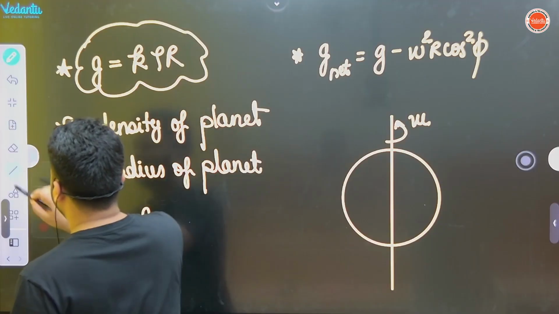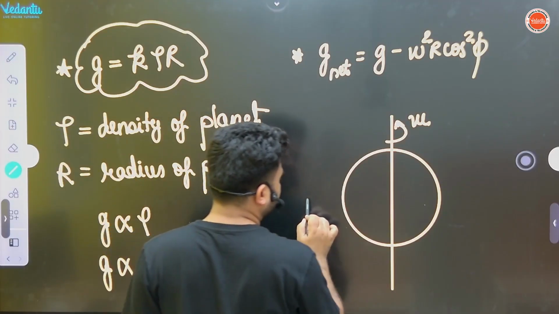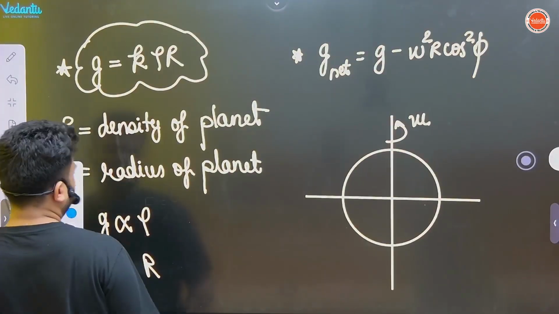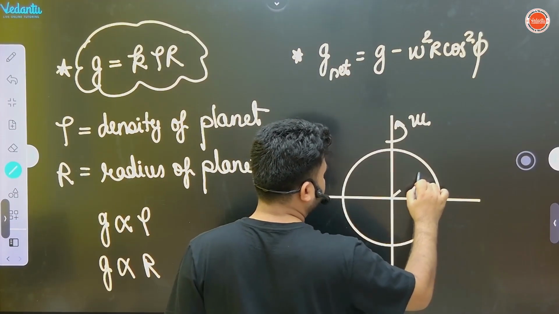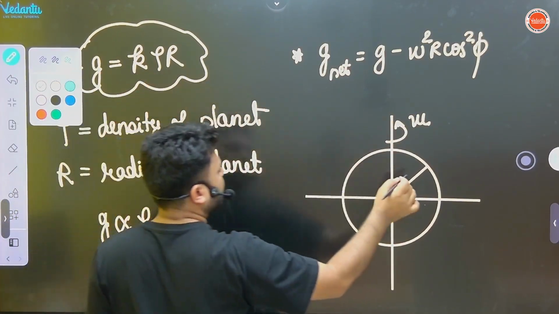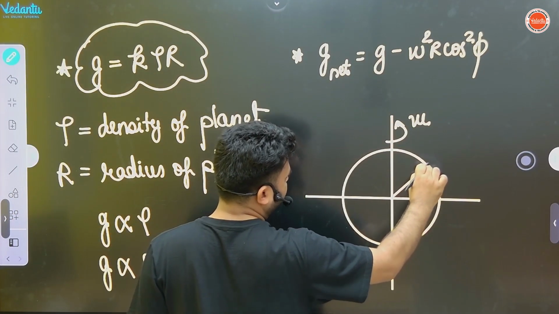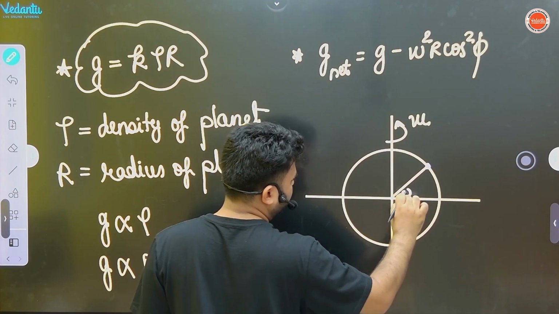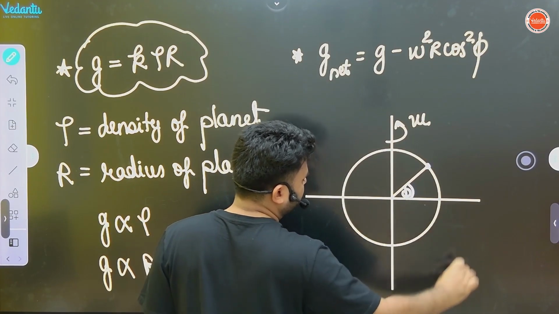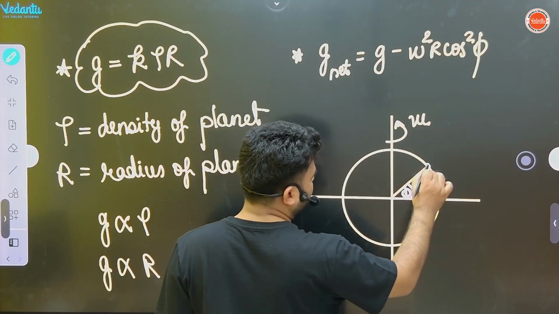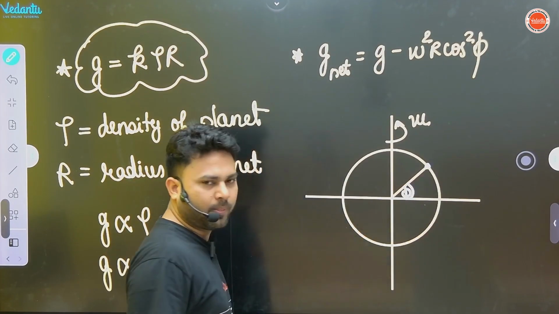suppose that this is the equatorial axis of the earth and there is any place which makes an angle phi. Suppose, for example, here is India. It makes an angle phi with this equatorial axis. Any country here, they ask what is the G value here.